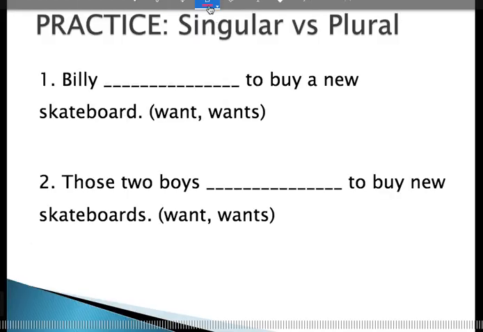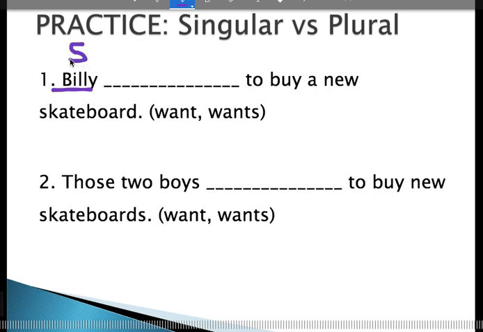So let's look at some examples. So we're practicing singular versus plural. Number 1: Billy blank to buy a new skateboard. Our options are want or wants. So here, our verb is in parentheses. Our subject, who or what want or wants, is Billy. Billy is one person, so he's singular.